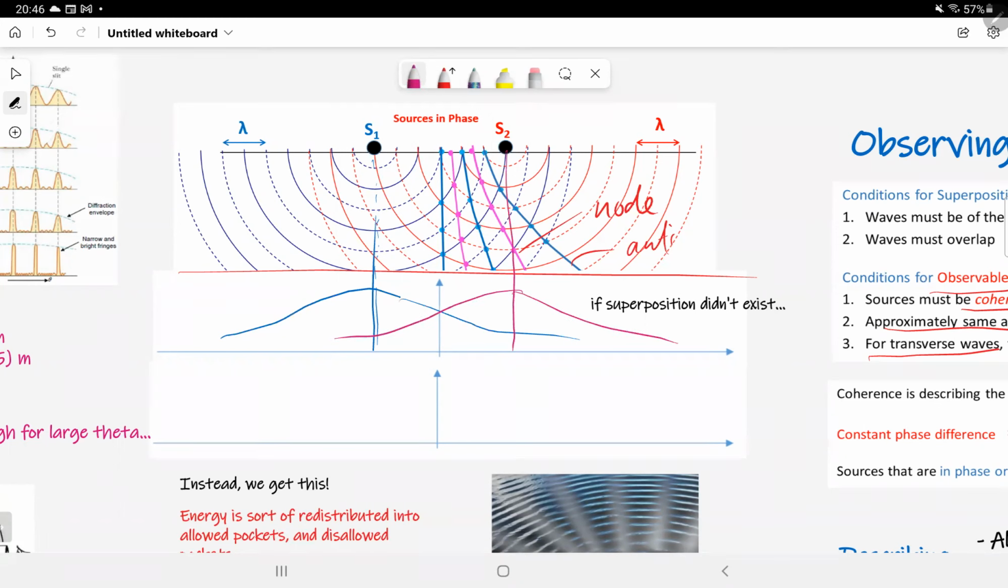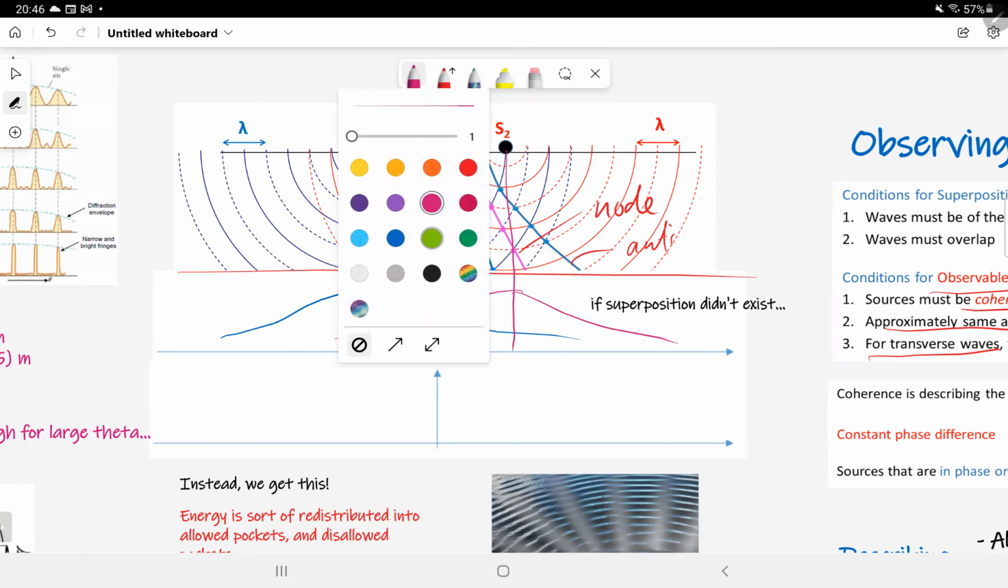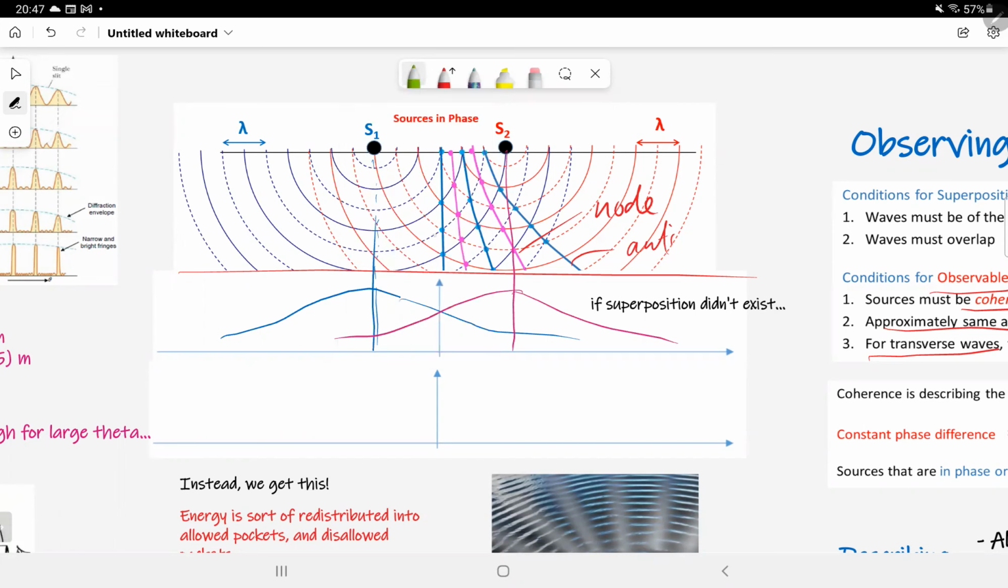So if you don't have superposition, you may expect the intensity to simply add up, because you have two sets of waves coming, and with each wave there's a distribution of energy along that line. Some part of the line is a shorter distance from the wave, see, from here to here is a shorter distance compared to here.